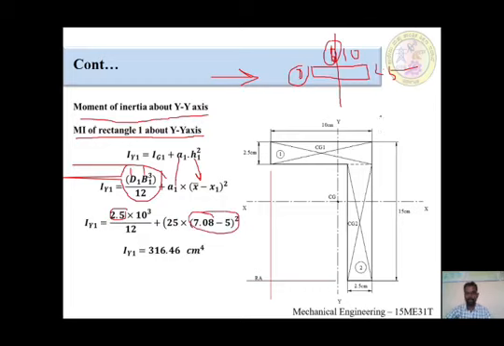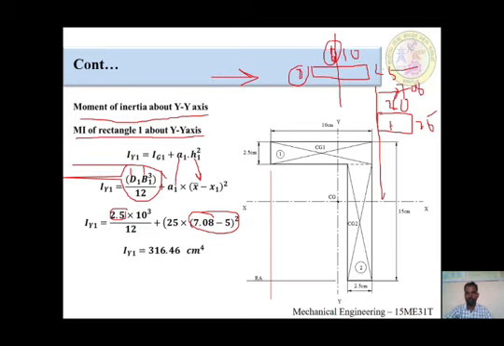I will explain here. This is your component. This one is 10 centimeter. This one is 2.5 centimeter. From here, the x bar value we got is 7.08.